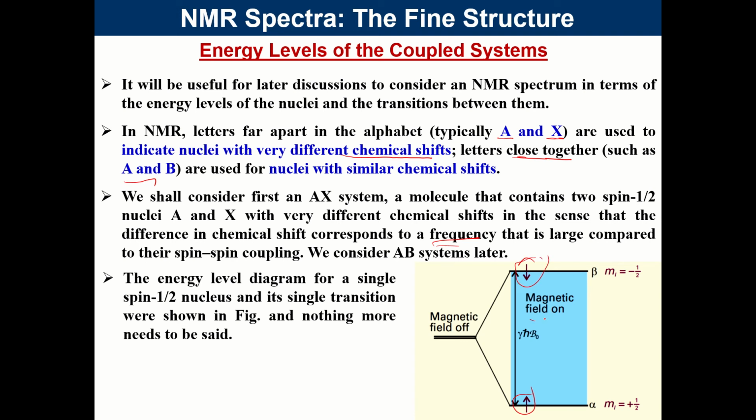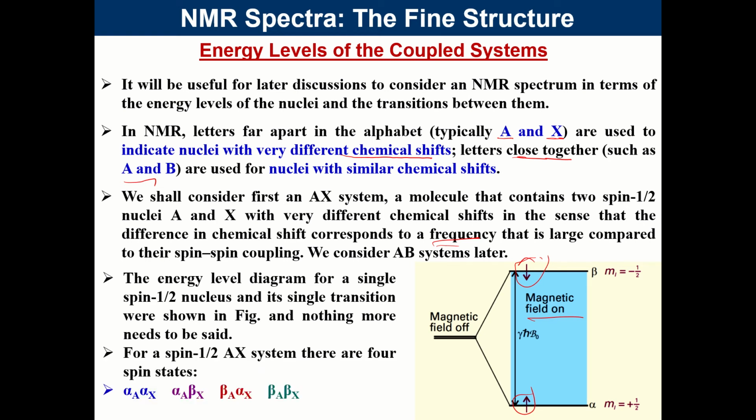Okay, field on. Now we are talking about interaction between two spins, so we have to consider them together, and you can find four combinations for two interacting nuclear spins.